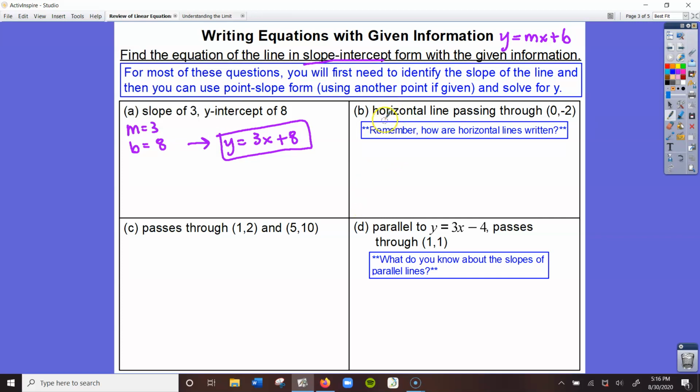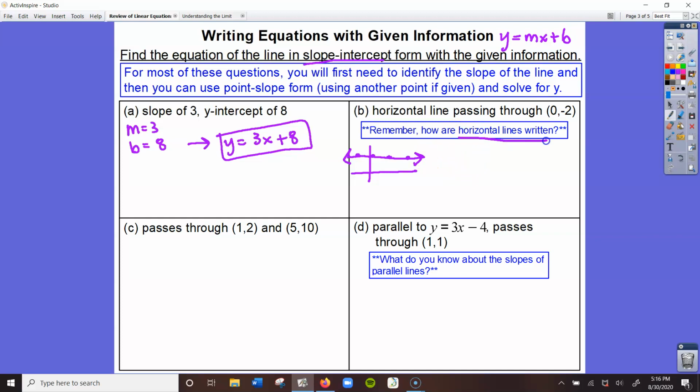For part B, it says horizontal line passing through (0, -2). So for a horizontal line, we have to remember how horizontal lines are written. Remember, if it's a horizontal line, let's say here is my axis, and I have this line here, and we were to go through these coordinates, the one thing that would remain the same along that horizontal line is the y value.